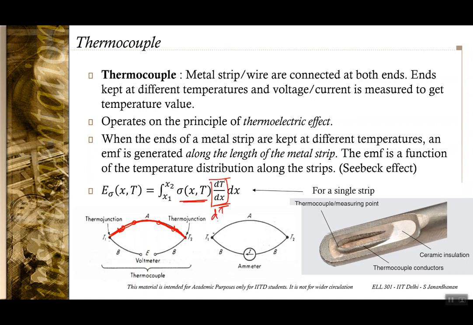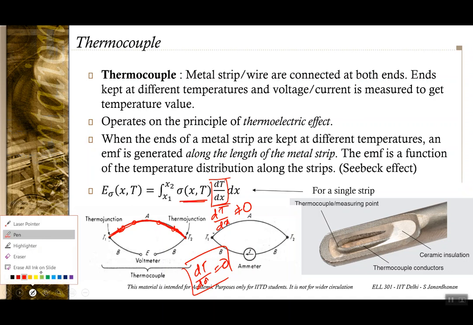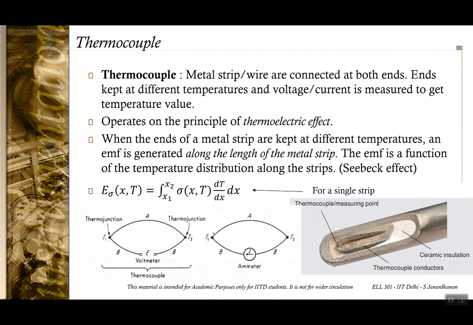So dT by dx not equal to 0 is one scenario, and in another scenario dT by dx equals 0. What I want to point out is that this EMF is produced as long as sigma is not equal to 0. So as long as sigma is constant, and when there is a temperature gradient, that is T1 not equal to T2, you would be able to get an EMF.